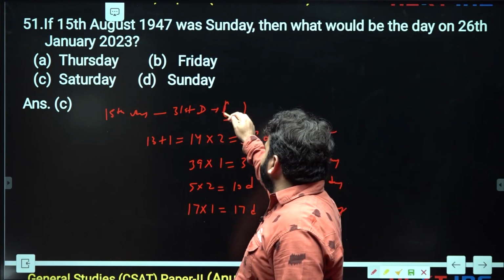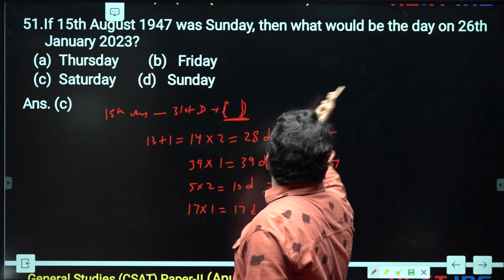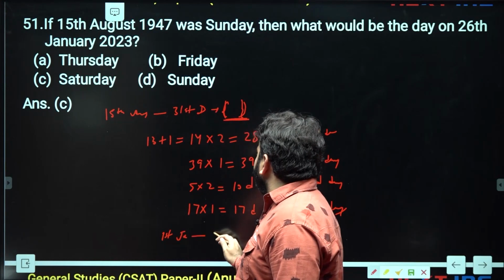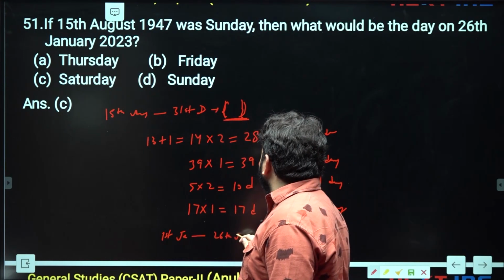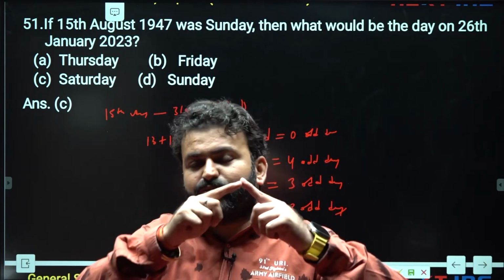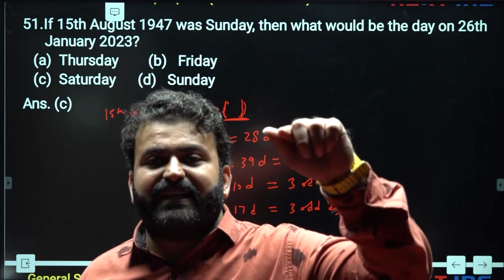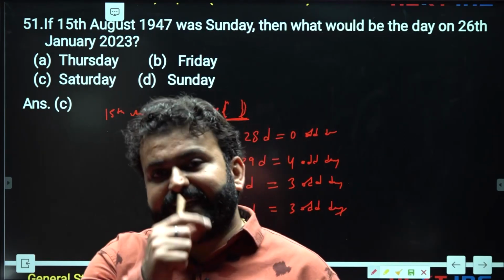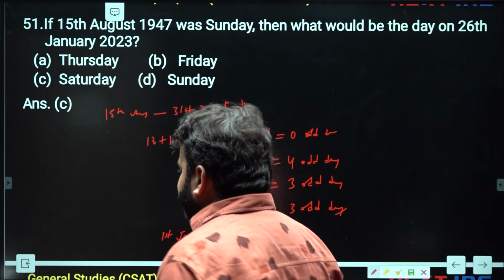So till here you count the number of odd days, and then from 1st of January to 26th of January you count the number of odd days. Now remember, while counting the number of days between two dates, if you are including 15th August, then you won't have to include 26th of January. You include only one day.